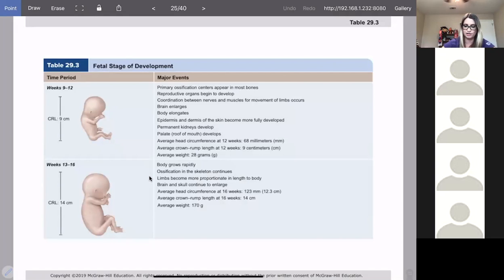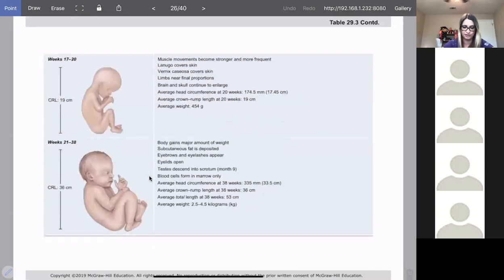So I'm not going to ask you on major events of these. This is just for your information, this table 29.3, but I'm not going to ask you that yet. So I want to go and see if you remember this.